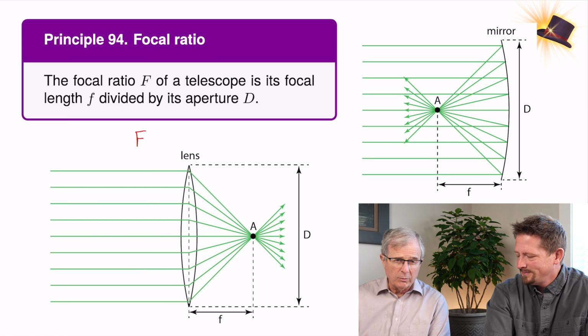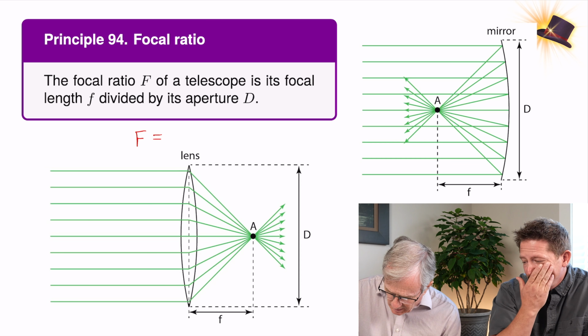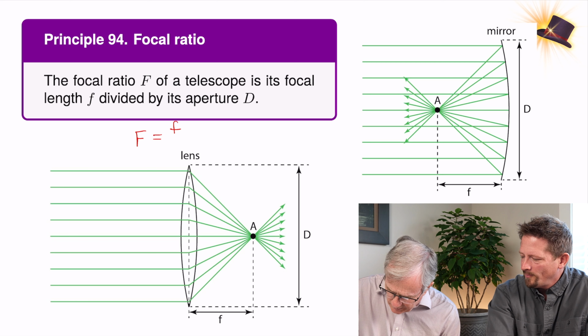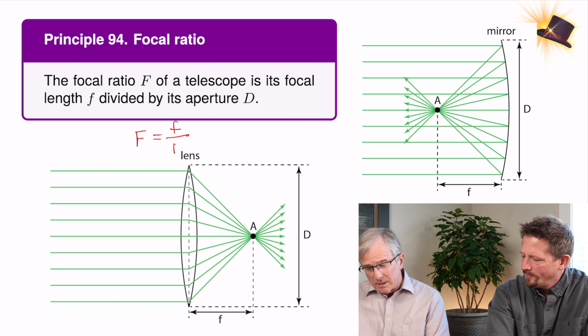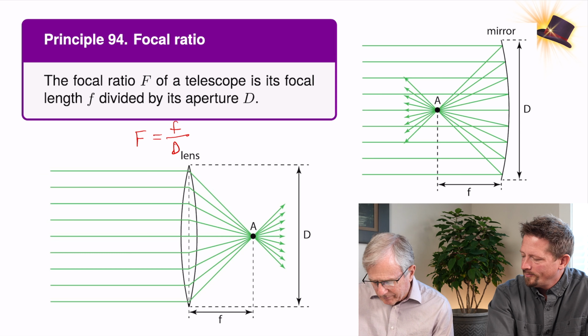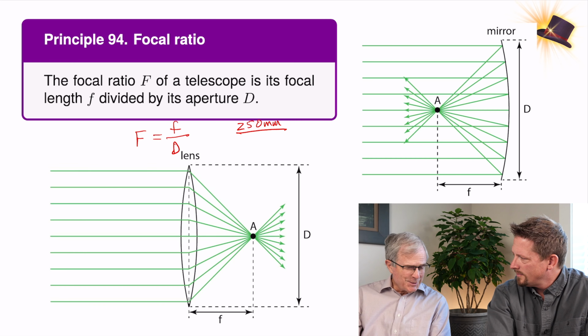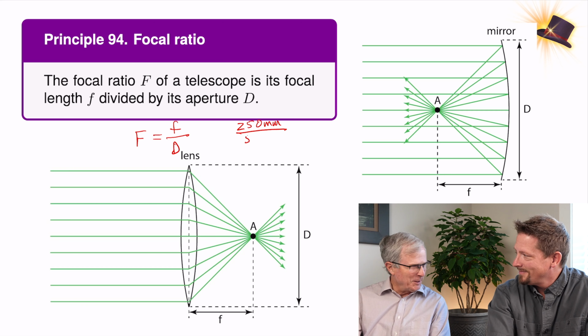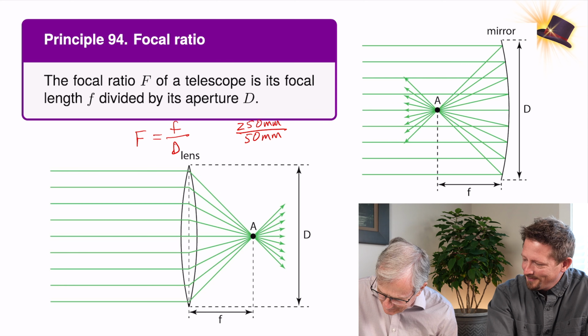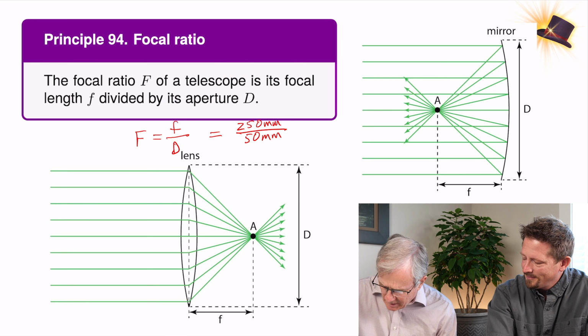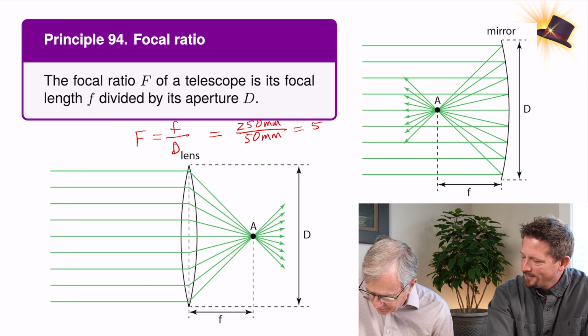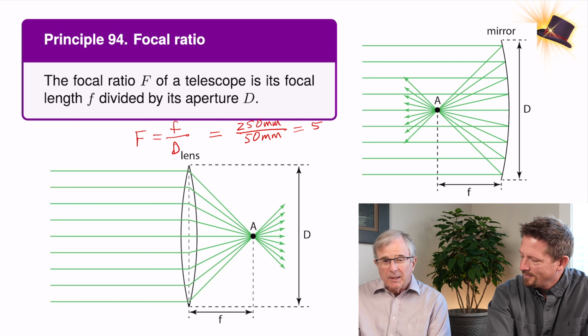We denote the focal ratio by capital F, and it is the focal length, denoted by a lowercase f, divided by D, the aperture. For example, the C Star has a focal length of about 250 millimeters, and the reason it's called a C Star S50 is that it has a 50 millimeter aperture. 250 divided by 50 is 5. So its focal ratio is 5.